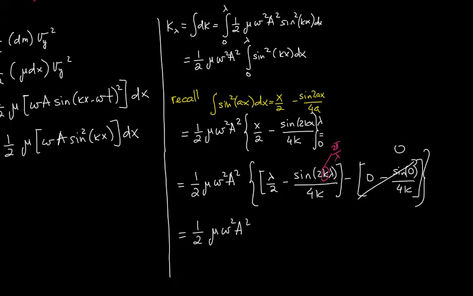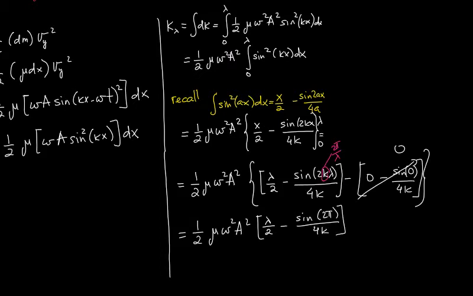I'm going to substitute that in there. Then I would have lambda over 2 minus sine 2 pi over 4k.